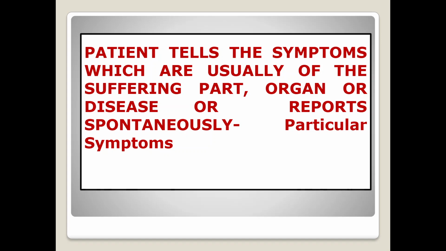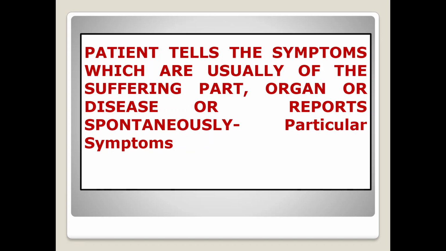The first type of symptom I am describing is the particular symptom. In this discussion, we are going to consider only three types of symptoms, that is particular symptoms, mental general symptoms and physical general symptoms. In this discussion, we are going according to Kent's view.